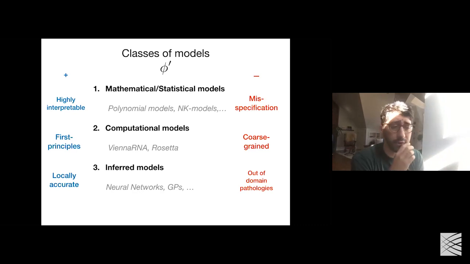And inferred models, while they do really well locally, have out-of-domain pathology. If you try to stray far away from where they've been trained, they perform in a way that's unpredictable, and you won't have a way of knowing whether you're getting a good answer or a bad answer. A lot of work has been done to distinguish this, but that's a fundamental drawback these models have.